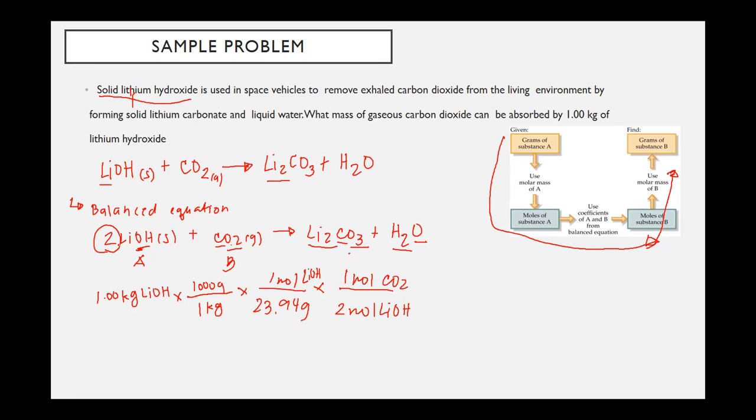You know, for every 2 moles, 1 mole of carbon dioxide reacts. Then we get the moles of our substance B. Then we use the molar mass of B. The molar mass of carbon dioxide is 44 grams per mole. And then we get the grams of substance B.